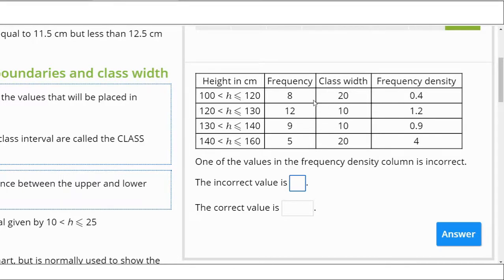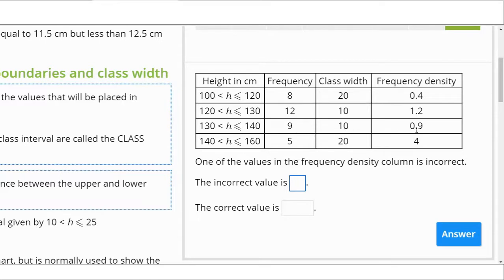This frequency density, 8 divided by 20, is true, and the class width is also true. The class width is true, the class width is true. Frequency divided by class width is true.